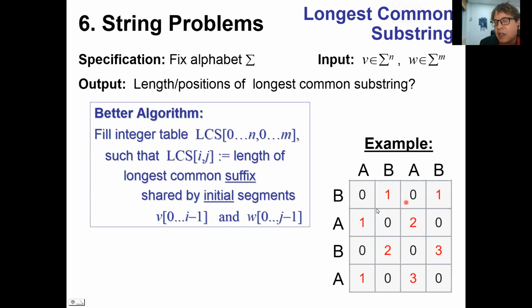So reading off the table, the maximal value, which happens to be 3, is the answer, and that's correct. The longest common substring of these two has length 3: ABA occurs here, and BAB also occurs here, which is even reflected by the table with these two occurrences of the number 3.